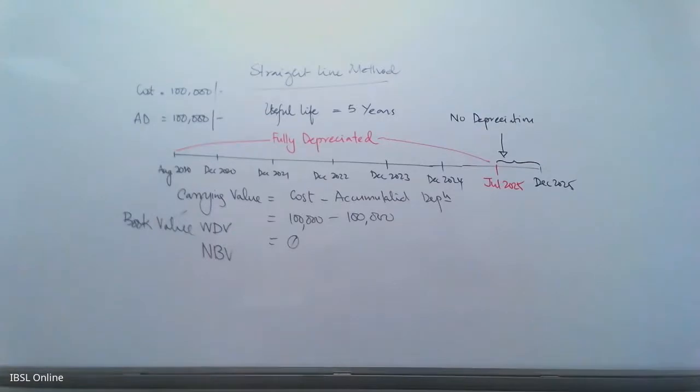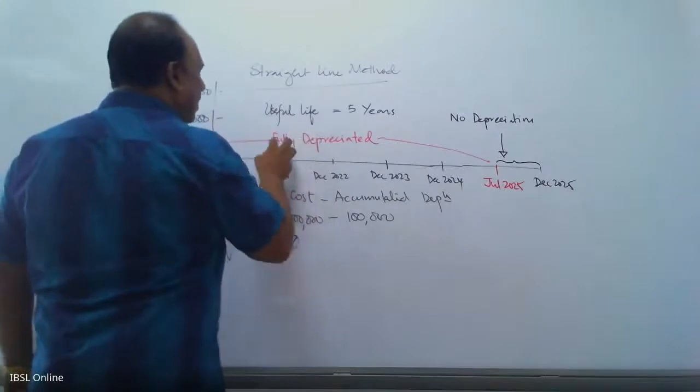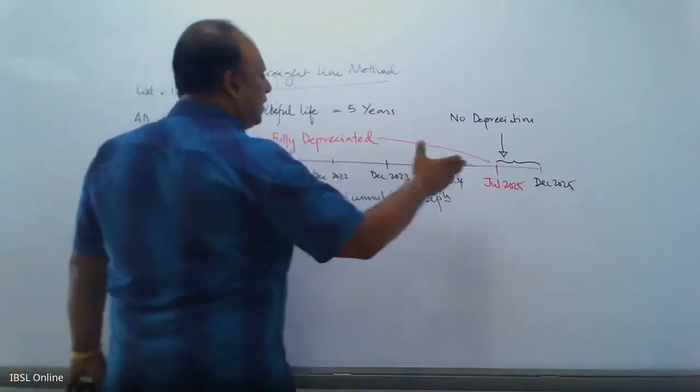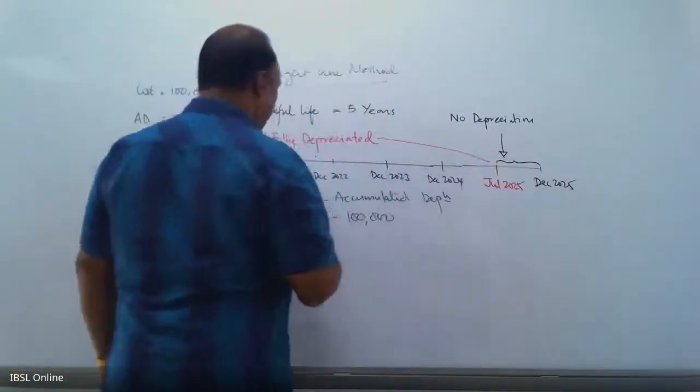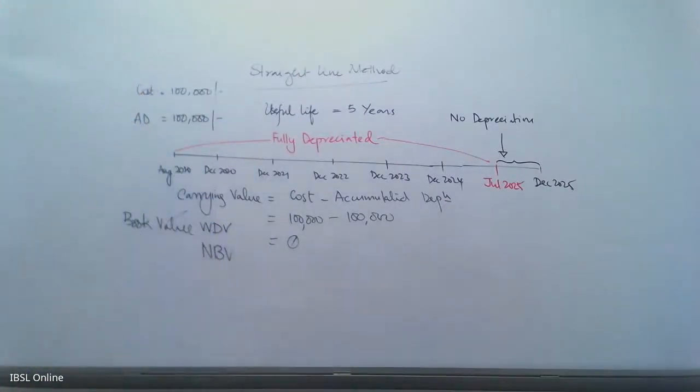If you look at the fair value, actually this computer must be having a value. But due to the accounting that we have followed here, using the straight line method, this will carry a 0 value thereafter. So that is identified as a disadvantage as far as this is concerned.